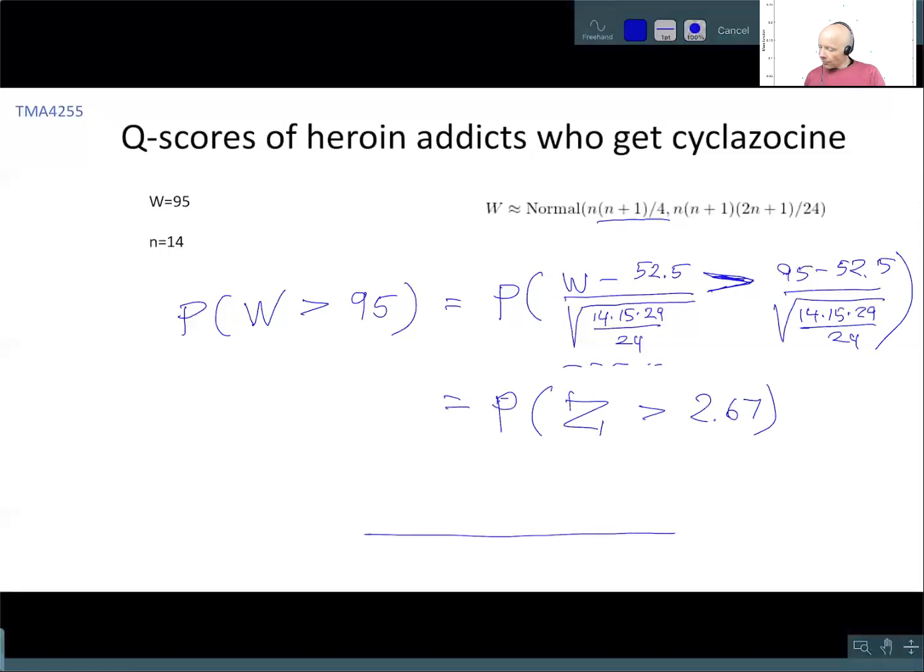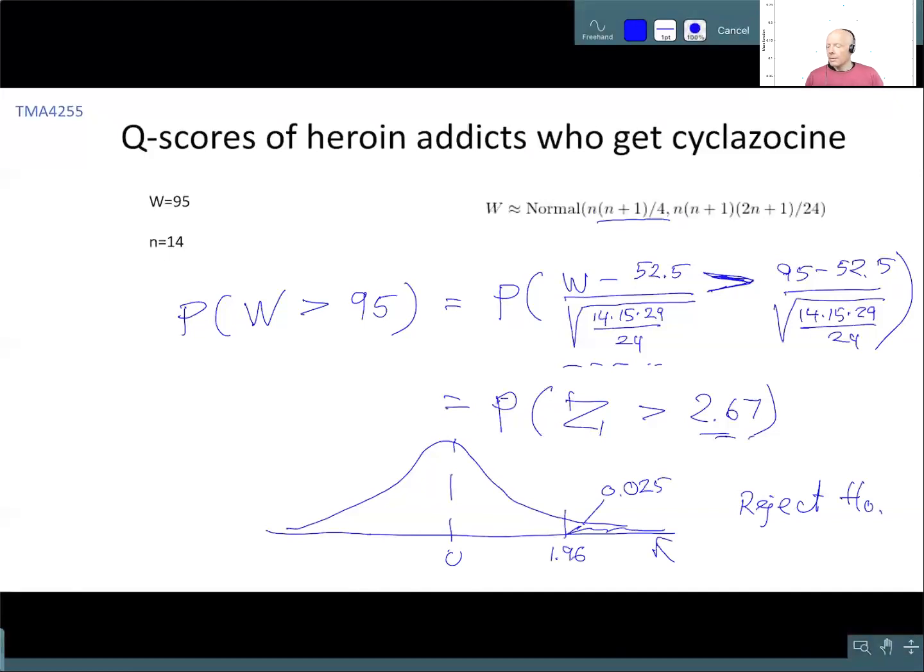And this is far out in the tail of the Gaussian distribution. So you might recall, this is 1.96, which gives a probability here of 0.025. And our value is even further. So here we would reject H0.